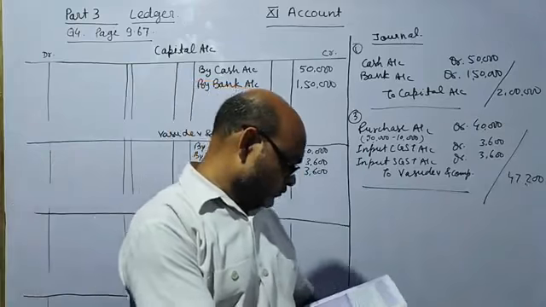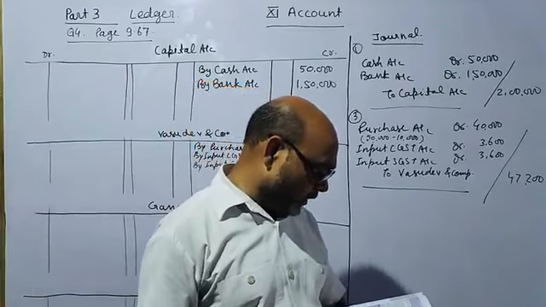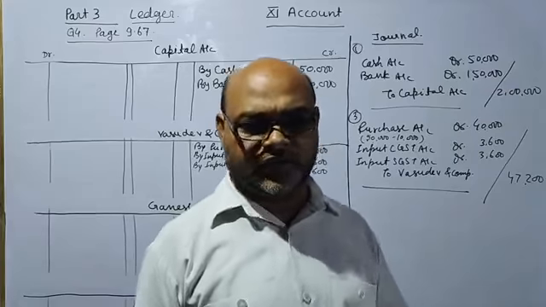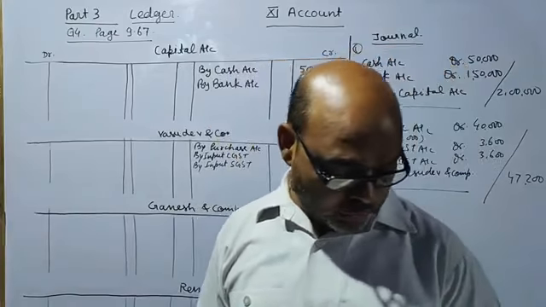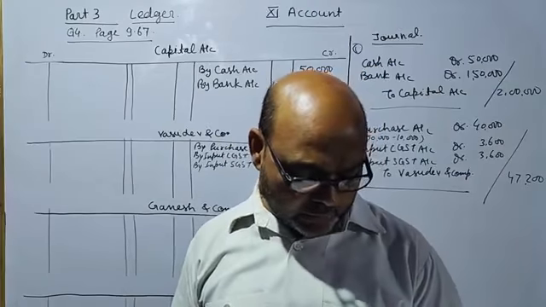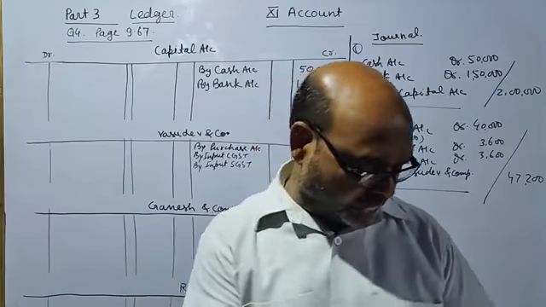Now, paid cartage on the above goods 1,500. So carriage account debit to cash. Sold return goods to Messrs Vasudev and Company of list price 5,000.